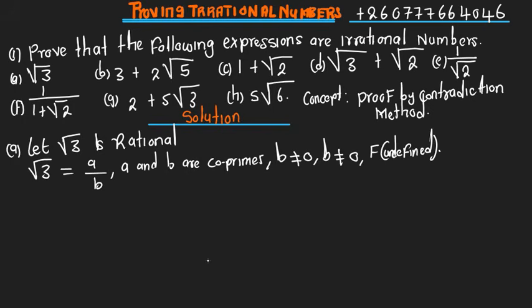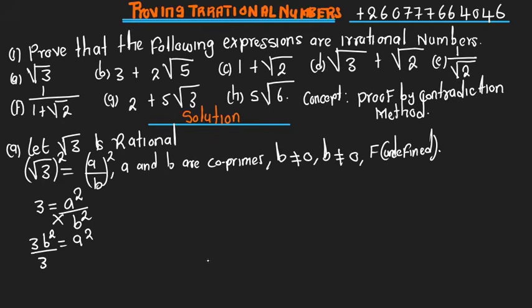Okay, if we make this assumption, then we can put this side in brackets and the other side in brackets. Then we are going to get 3 is equal to a power 2 over b power 2. Then we can cross multiply. We are going to get 3b power 2 equal to a to the power 2.